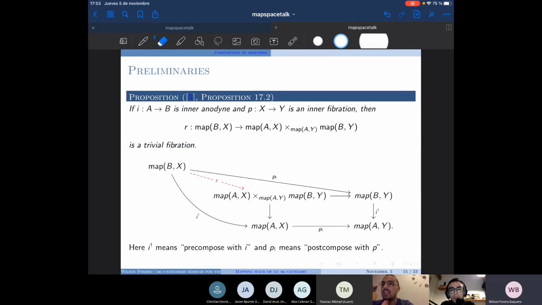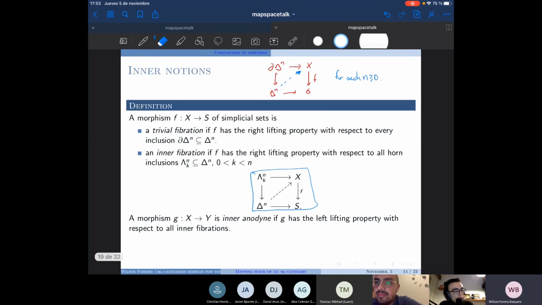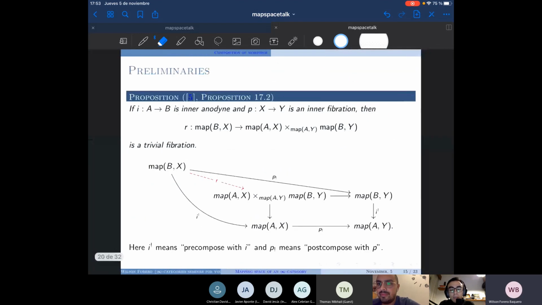No, because at this point, well, I know I use the notation with map, but we have to remember that A and B are simplicial sets, and we work inside the category of simplicial sets, and that is a category. So when we talk of i being inner anodyne, we have to remember these are simplicial sets. So it's a simplicial map, and the composition of simplicial maps is well defined. That is the reason I can pre-compose or post-compose, because at this point we work inside the category of simplicial sets.